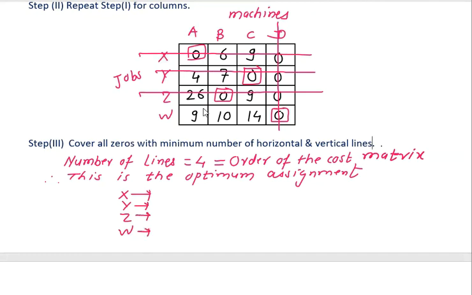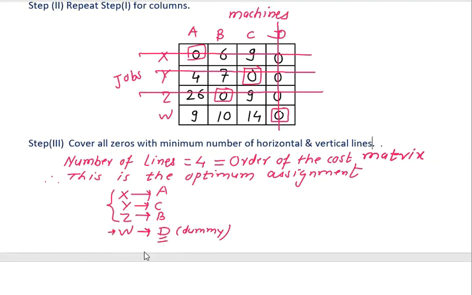So X is assigned to machine A, Y is assigned to machine C, Z is assigned to machine B, and W is assigned to machine D. This is a dummy machine, right? Because it is an unbalanced assignment problem, out of the 4 jobs, the first 3 jobs X, Y, Z are assigned to machines A, C, and B, whereas we will not assign W to any machine because D is not available.